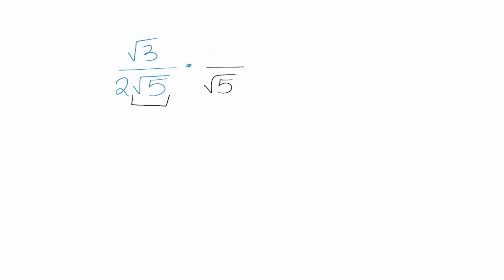So I'm going to multiply by root 5 over root 5. If you choose to put that 2 in there, you would have to do it in the top and the bottom because you're trying to make a fraction equivalent to 1. All you're doing is making bigger numbers and being less efficient. So the 2's are not the most effective way to do this. So we're only going to use the radical.